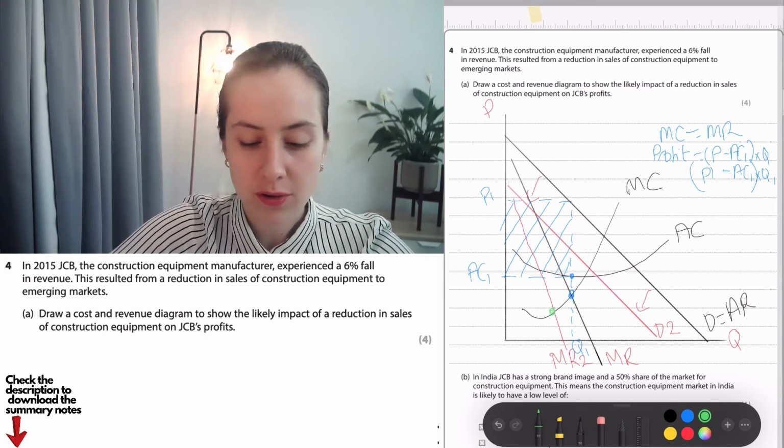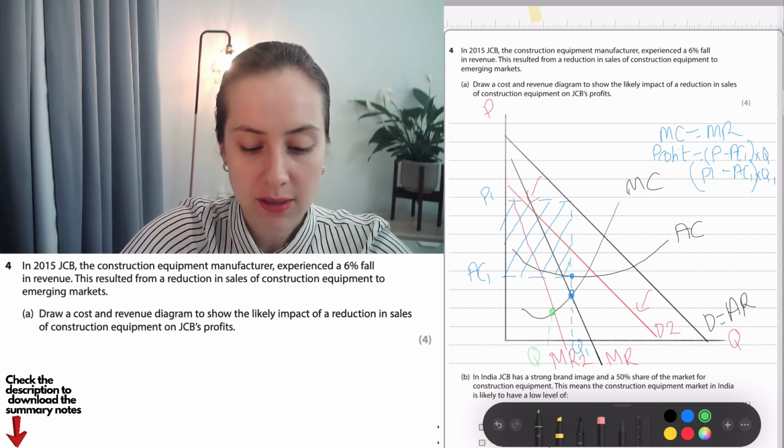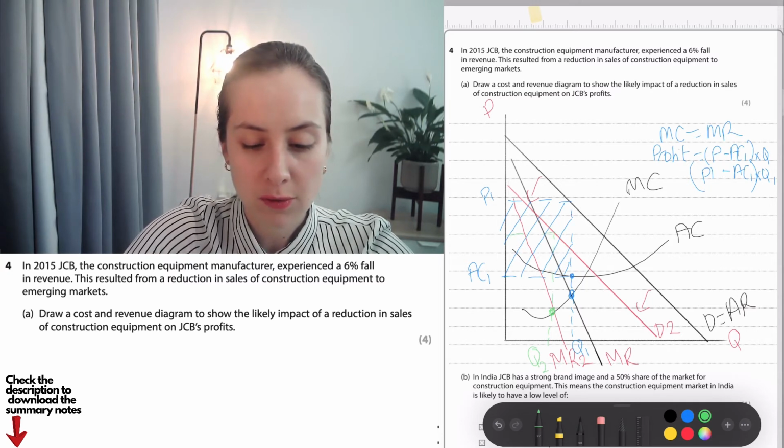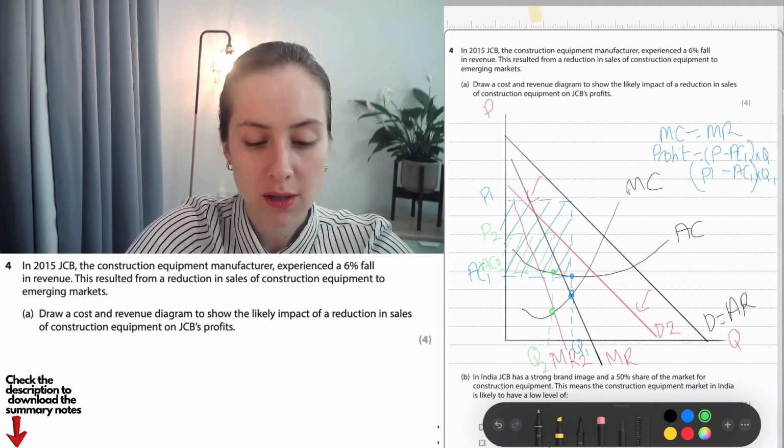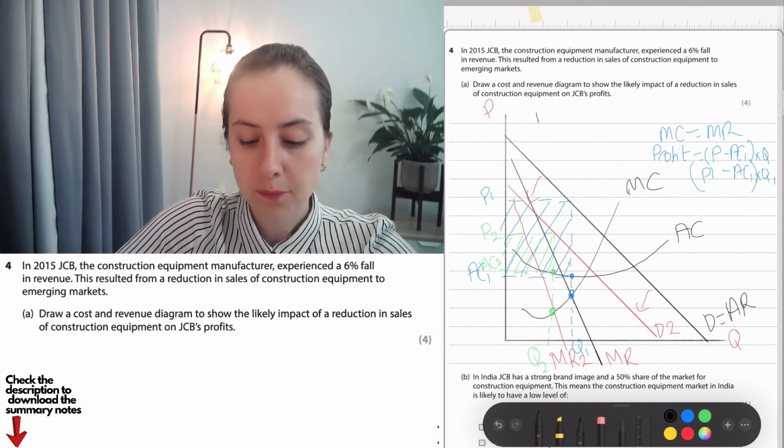And now with the new MR curve, you're going to get a new MC equal MR. That's going to be Q2. Go up to the demand curve, which is the red line. Go across, that's your price. And then your average costs are just a little bit higher than your initial average costs, giving you the profit area of this green area there.